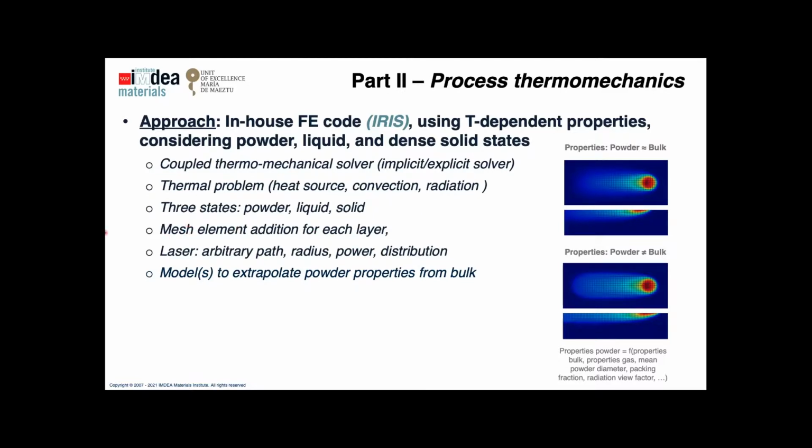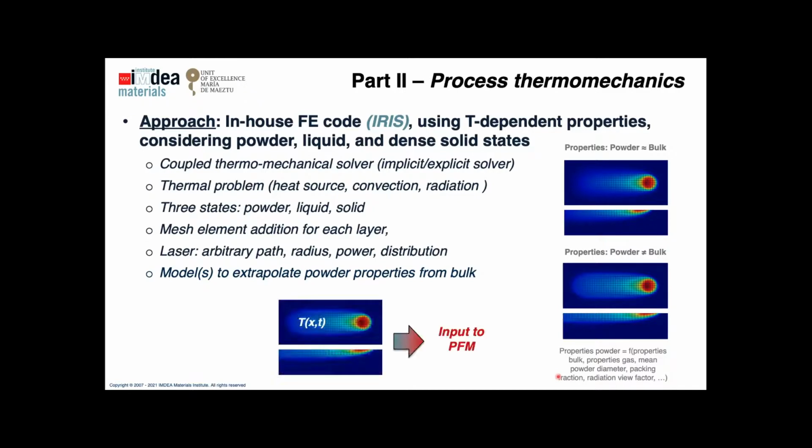We add mesh elements for each layer. We've implemented the possibility to put in an arbitrary path, different laser radius, and power distribution, and we have some analytical models from the literature that extrapolate powder properties from the bulk, taking into account properties of the bulk, the gas, the mean powder diameter, the packing factor, the view factor, and so on.